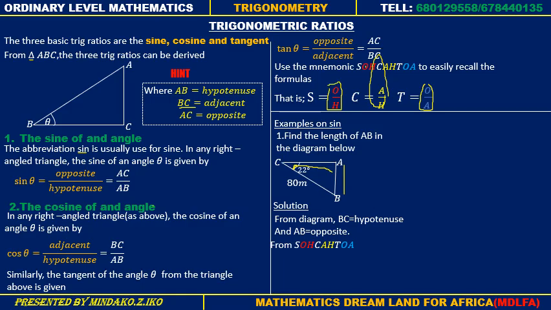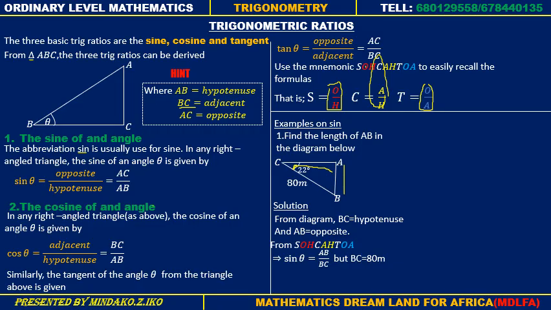So we are actually going to use sine. Now sine theta equals opposite over hypotenuse.